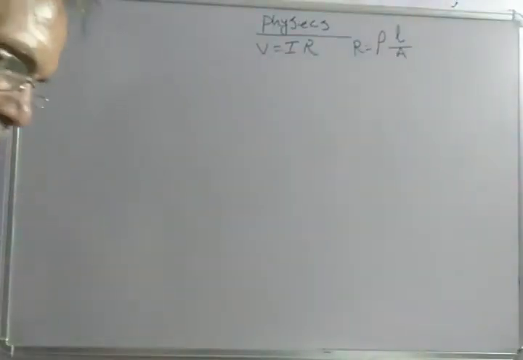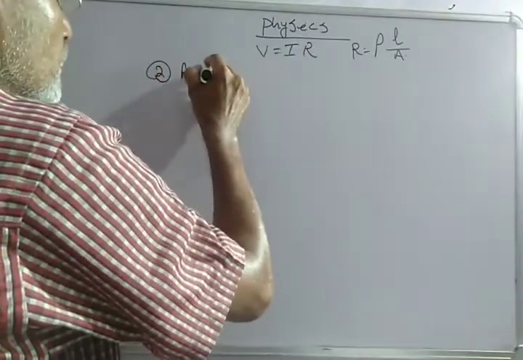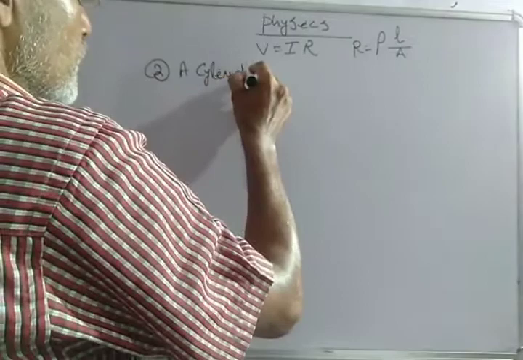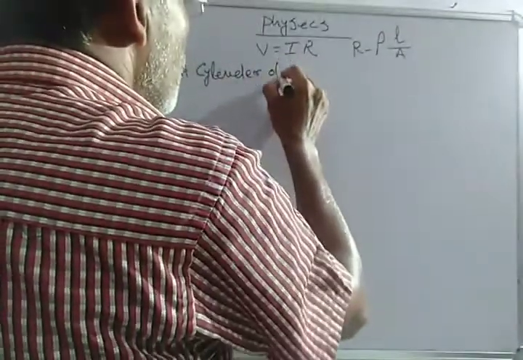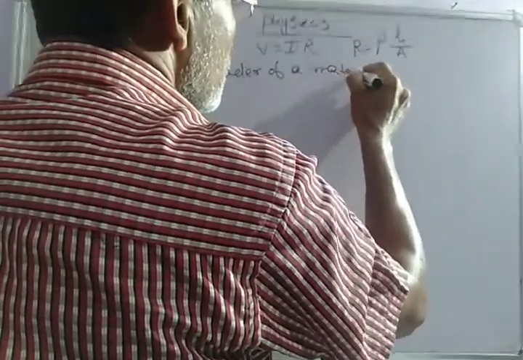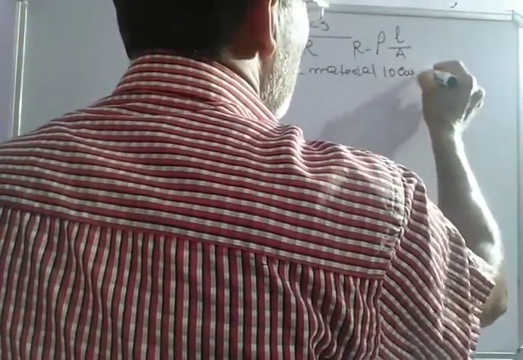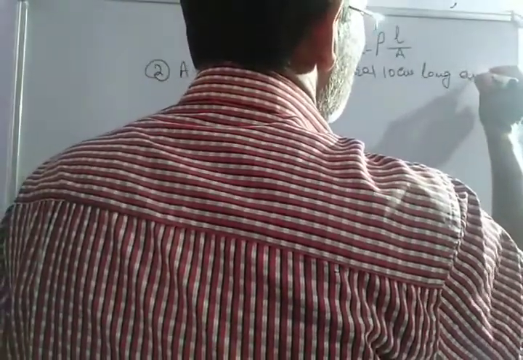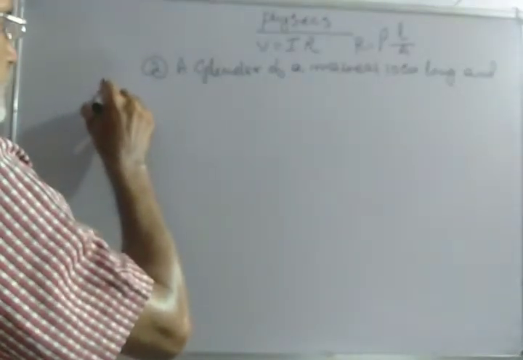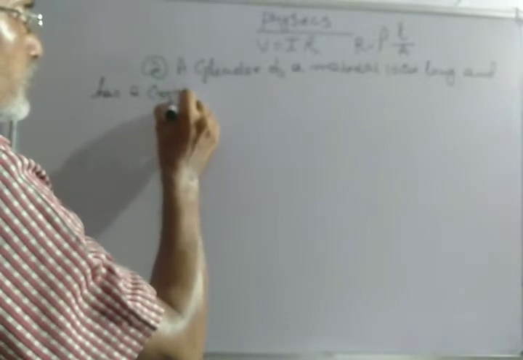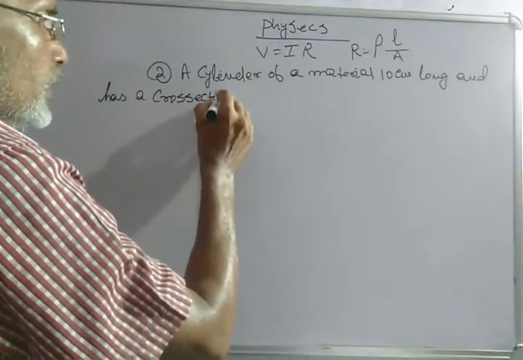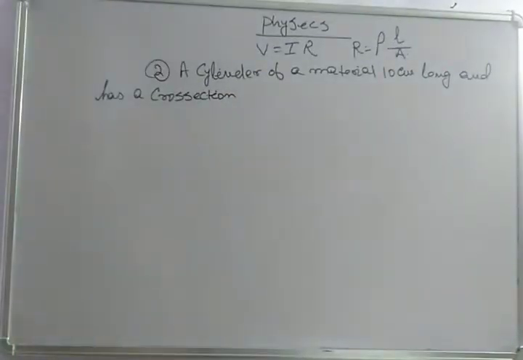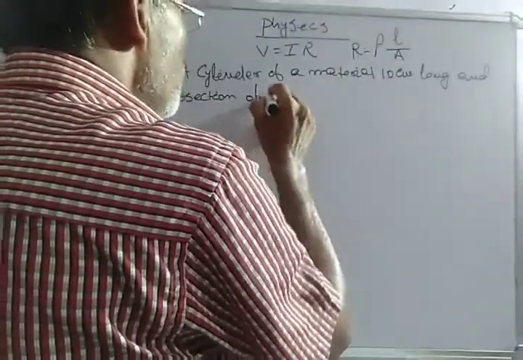Now for the next problem, number 2. A cylinder of a material 10 centimeter long and has a cross section of 2 centimeter square.